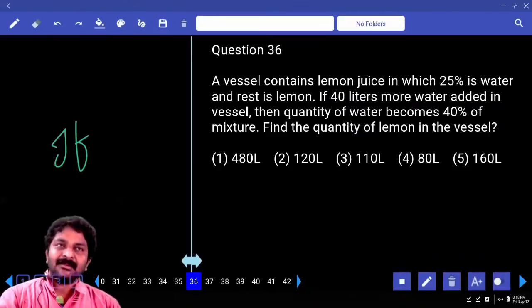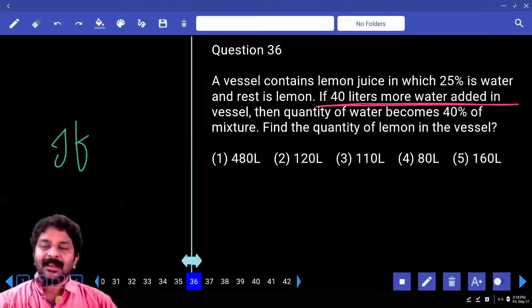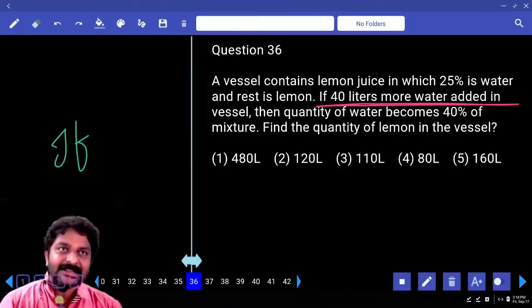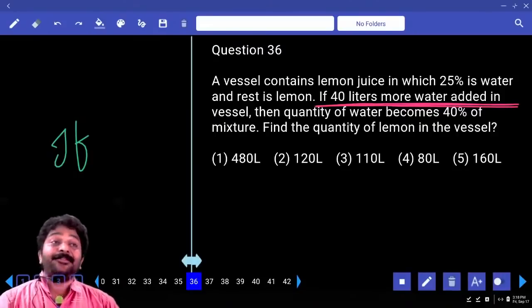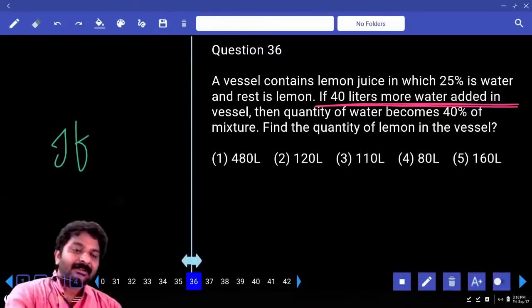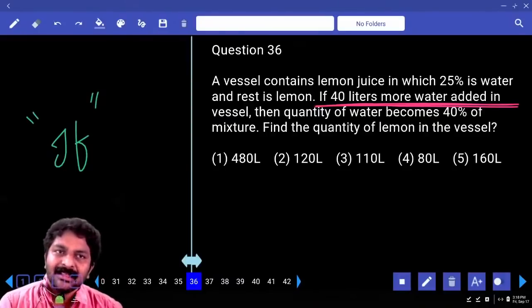Read the question once again, my dear English medium graduates. From here, I asked you to read. If 40 liters, when you have an if condition, did that really happen?